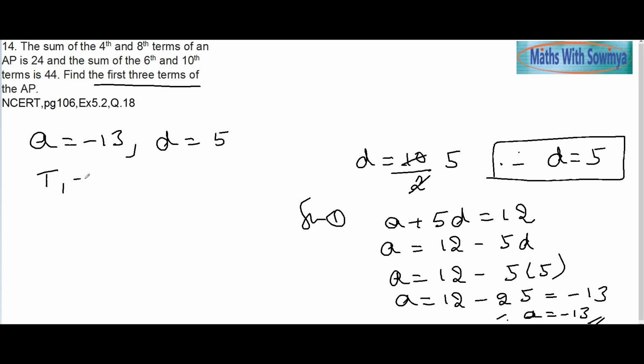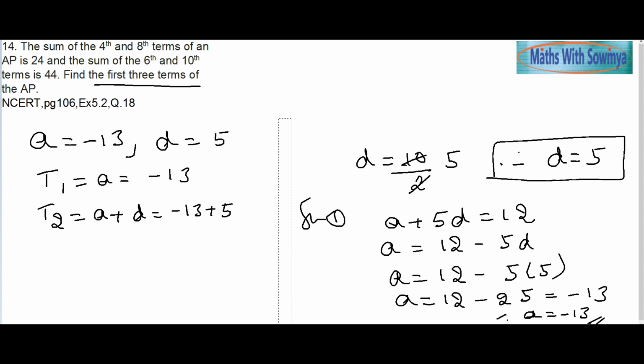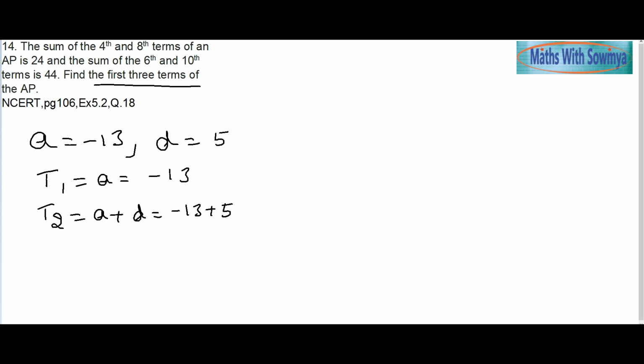The first term is nothing but A, which is minus 13. The second term is A plus D, that is minus 13 plus 5, which is minus 8.